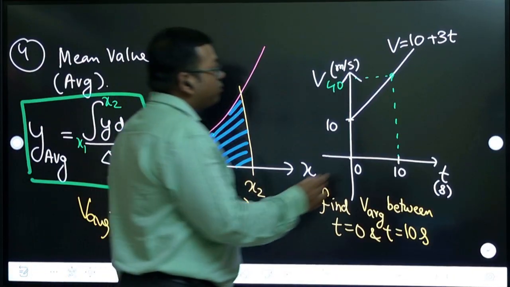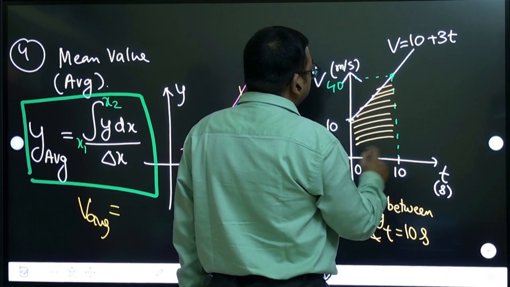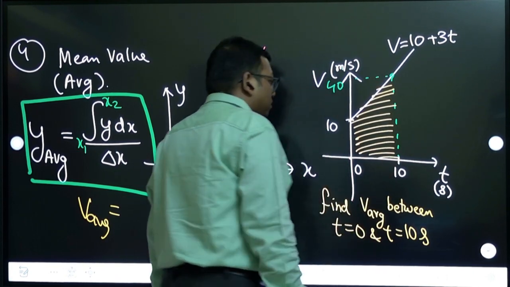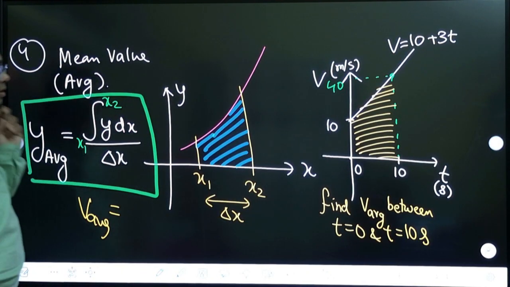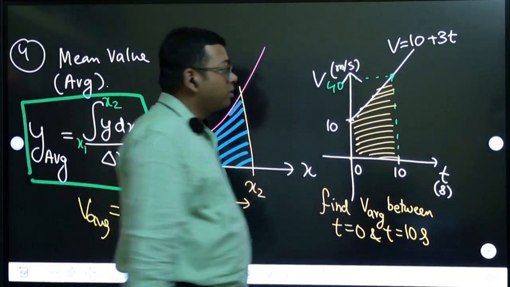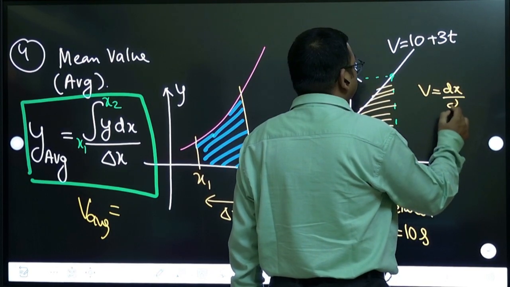Area under this graph. What does the area under a velocity time graph give? Because velocity is dx by dt, you know that.